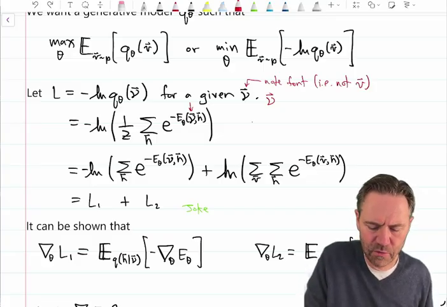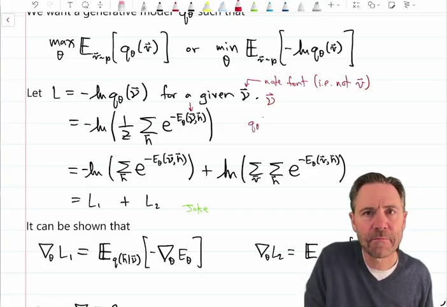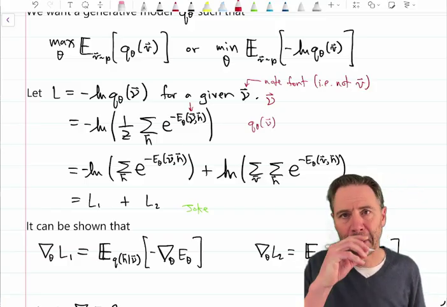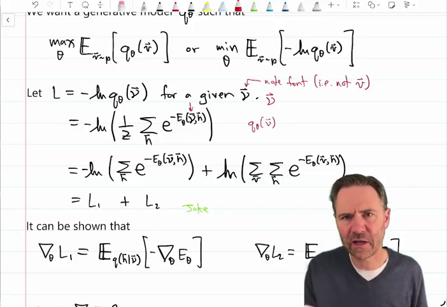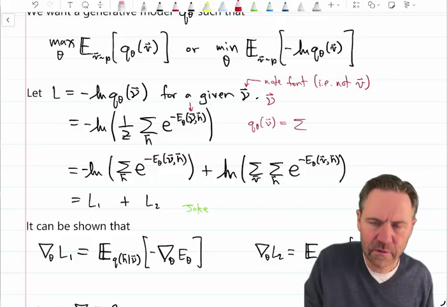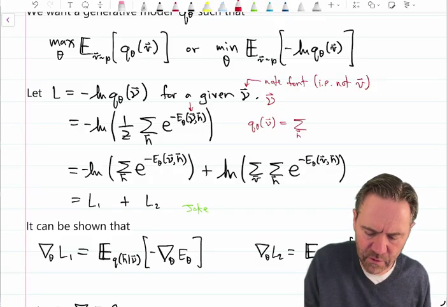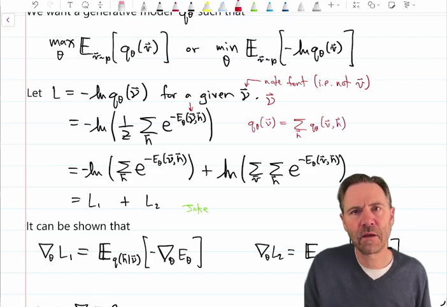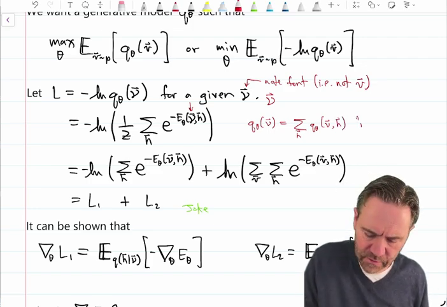But this Q of V doesn't have an H in it. So basically that Q of V is the marginal over all the H's, adding up over all the H's, Q theta of V. It's a marginal.